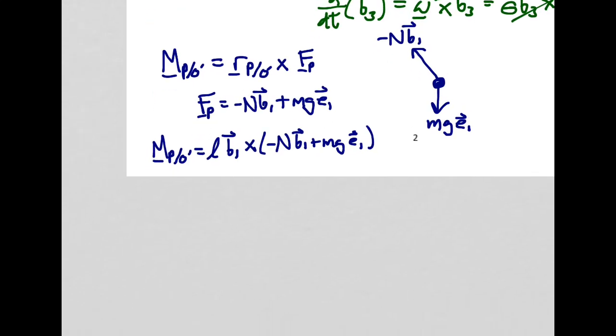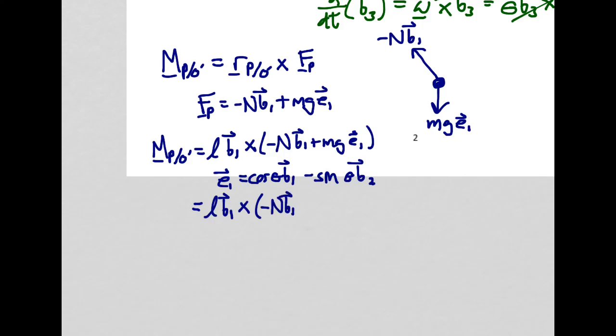And so we also know that E1, if we convert this into the B basis, is cosine theta B1 minus sine theta B2. When we plug this in, we'll carry down our L in the B1 direction crossed with negative n in the B1 direction plus mg cosine theta in the b1 direction minus mg sine theta in the b2 direction.